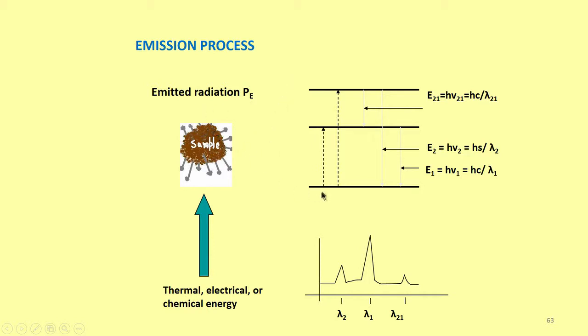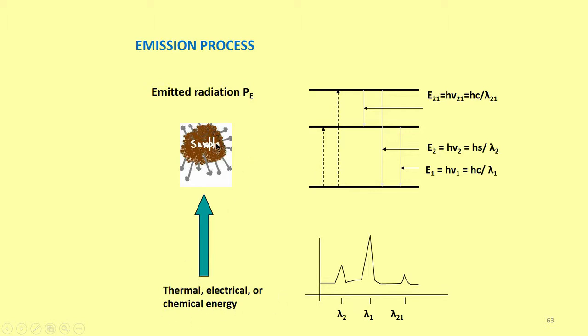There are two processes, one is emission, another is absorption. Basically, that is what we have been discussing. I have the sample here, and I am exciting the sample into a suitable state where it can interact with the electromagnetic radiation. So, it may be thermal, electrical or chemical energy.